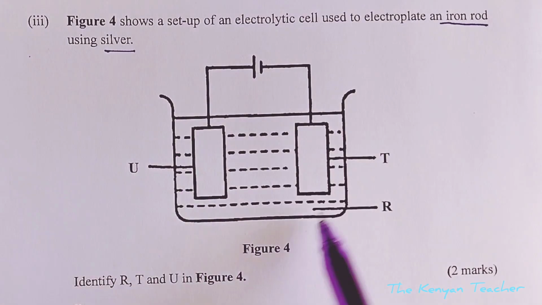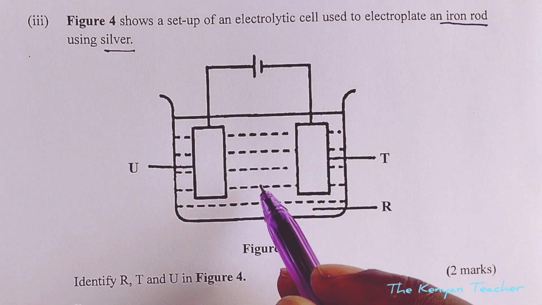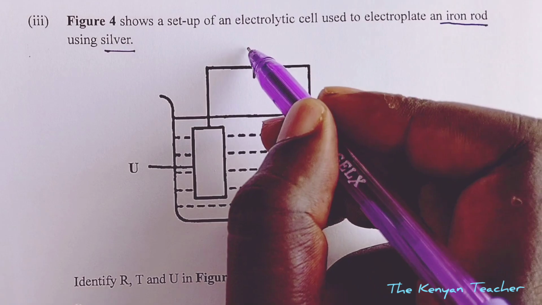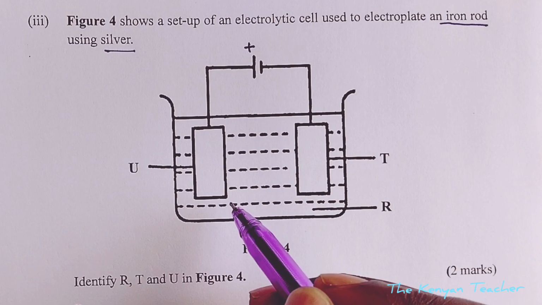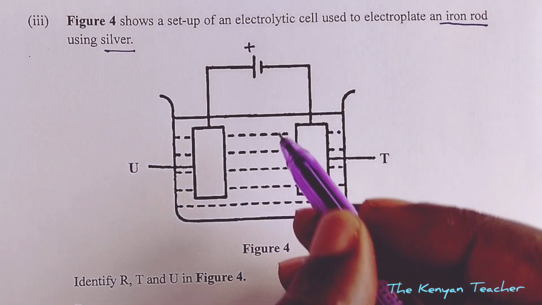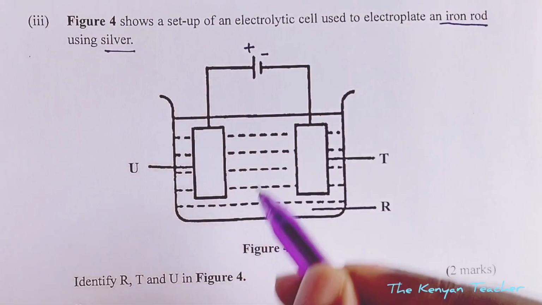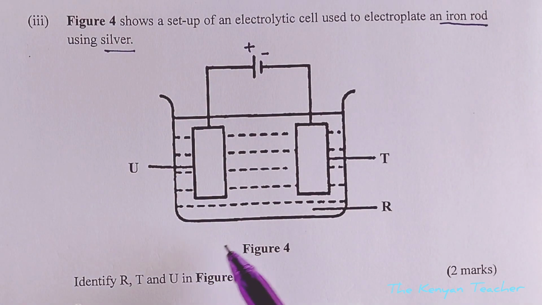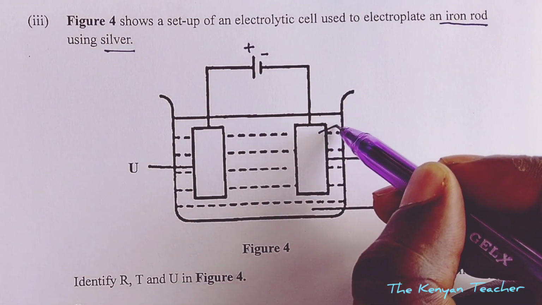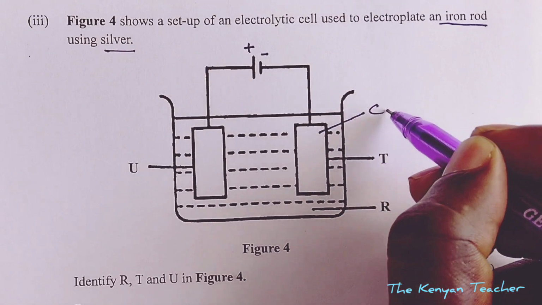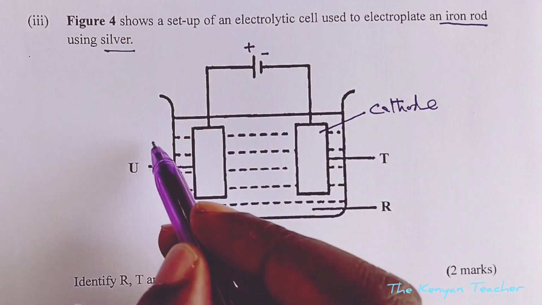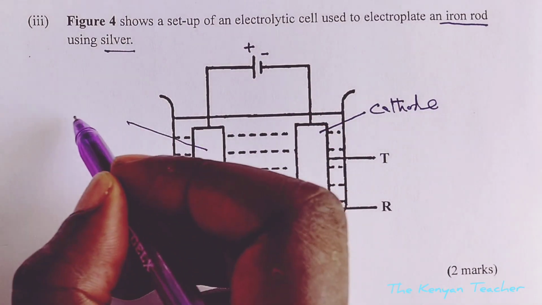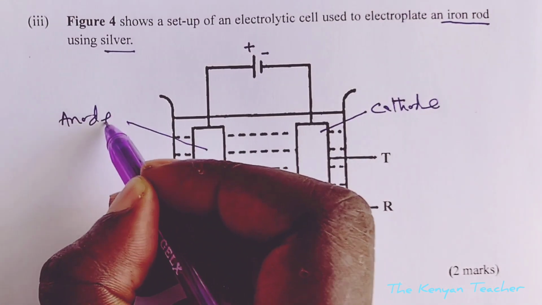I want candidates to take note of the cell here. The long, thin line normally represents the positive terminal of the battery, and the short one represents the negative terminal. So it means this electrode here is the cathode. It is connected to the negative terminal, and the other one here is the anode.